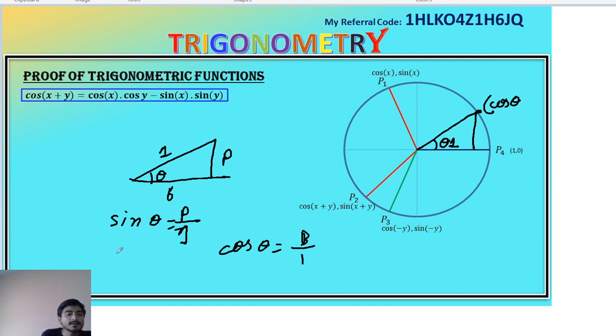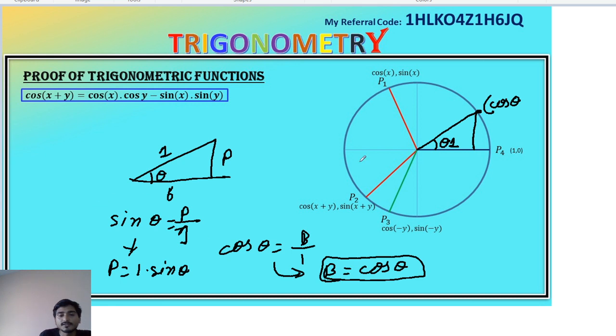From this we can write p is equal to 1 into sine theta, and b is equal to cos theta. So this horizontal distance can be written as cos of theta, and this vertical distance can be written as sine of theta.